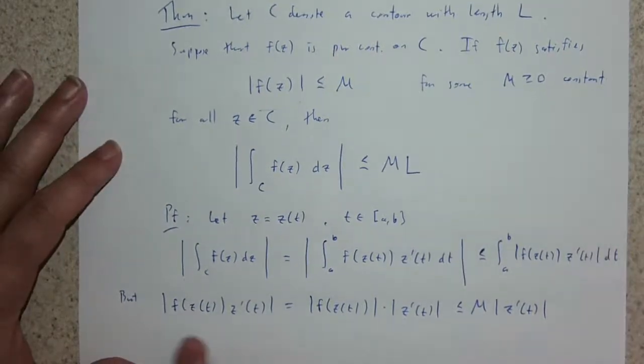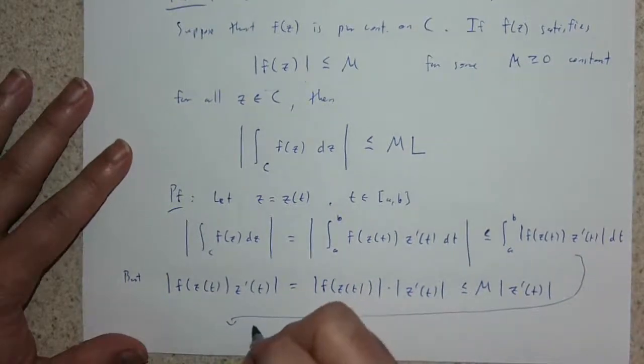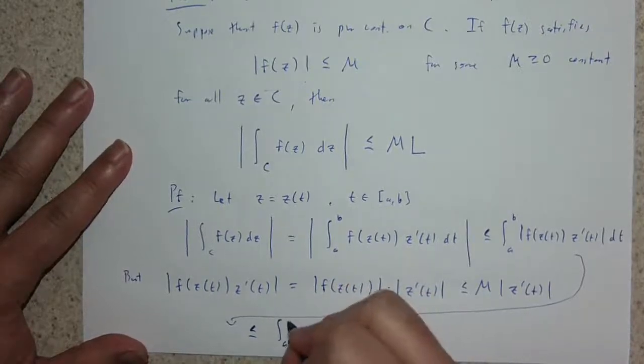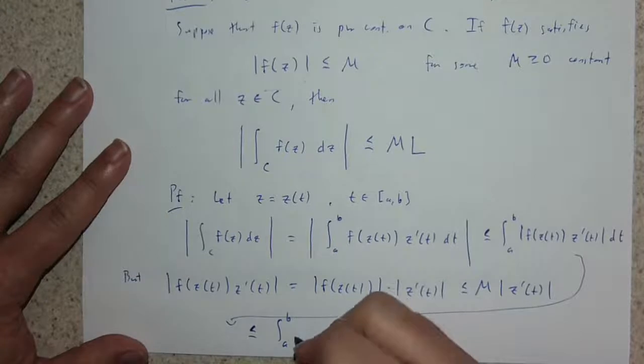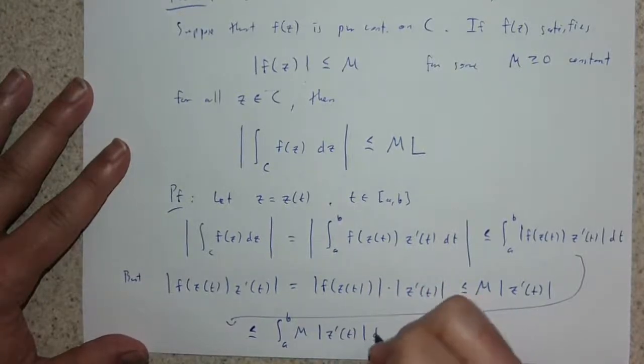So then slapping integration signs on either side of this, this is less than or equal to the integral from a to b of M times the modulus of z prime of t dt.